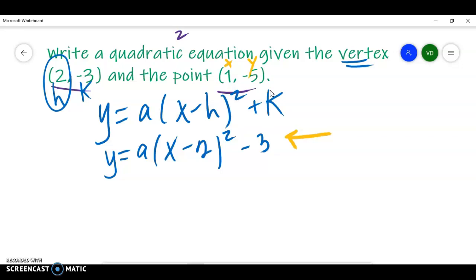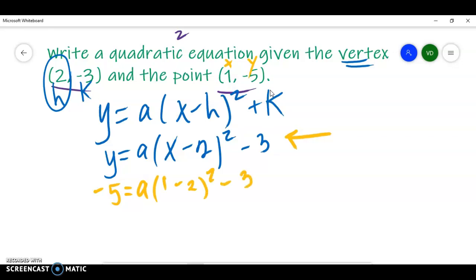Okay? I know that my y is -5, so that's what I'm going to plug in for my y value. I don't know my a yet, so I'm going to keep it as an a. I know my x was 1, so I'm going to say 1, bring everything else down, (x minus 2) squared, minus 3.